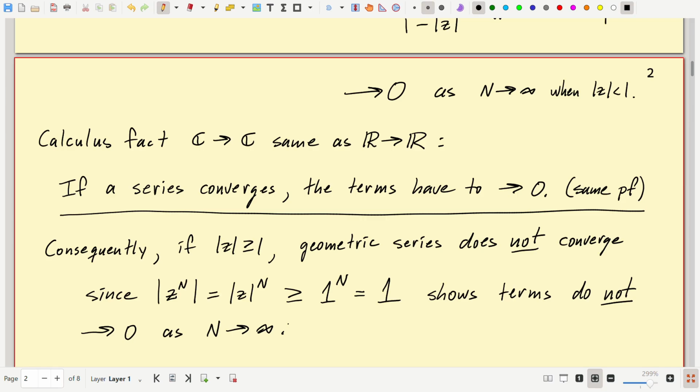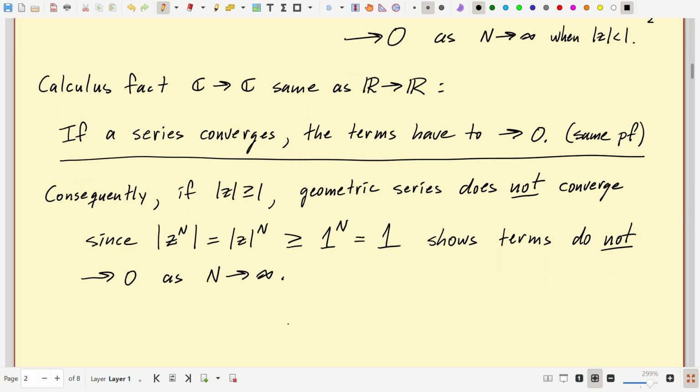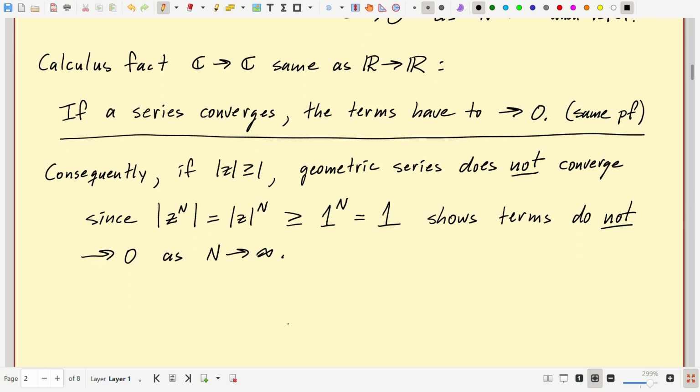Okay? And so that's a true radius of convergence. I get convergence inside and divergence outside. On the actual circle, well, that's an iffy thing. Very often we'll have to think carefully about what happens on the actual circle when we're talking about a disk of convergence.